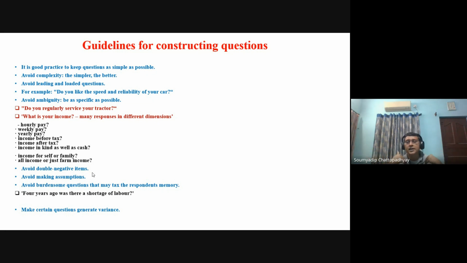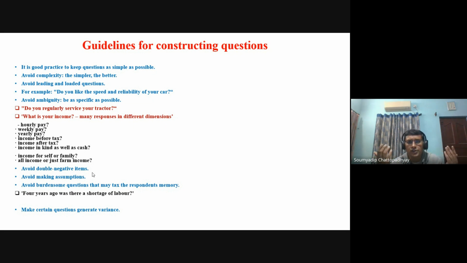Even if you ask me, it is not possible for me to answer correctly what expenditure pattern we followed before the onset of COVID, after the first round, after the second round, and in the current year only. I'll be able to tell you only the current year. So these are some of the questions to avoid.